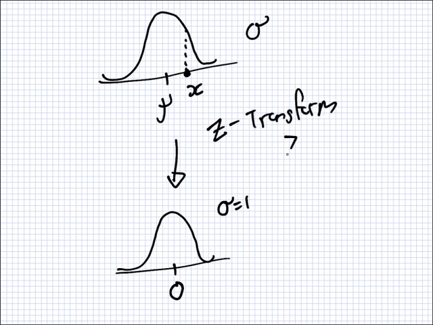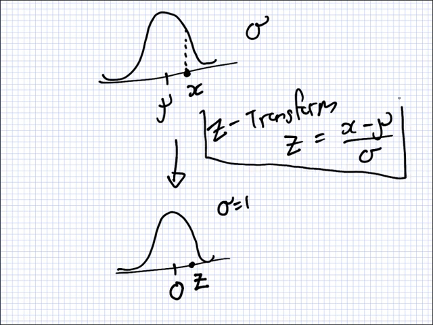And the formula is just Z equals your x minus your mu, over your sigma. That gives us the location of the Z in the new graph. Now, I'll do an example now. So this is the Z transform formula. It lets you change any graph to the one that's in the formula book.